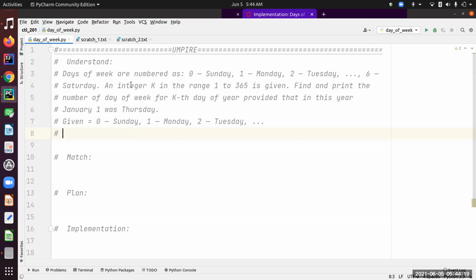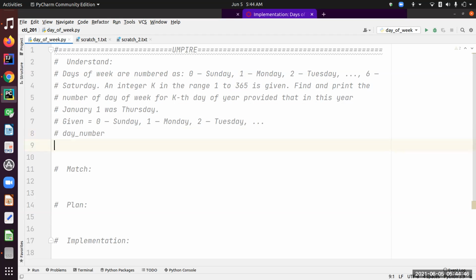Days of the year are numbered from 1 to 365, and that day number is given. Also, the year starts in January, so that is also given. The year started on Thursday.